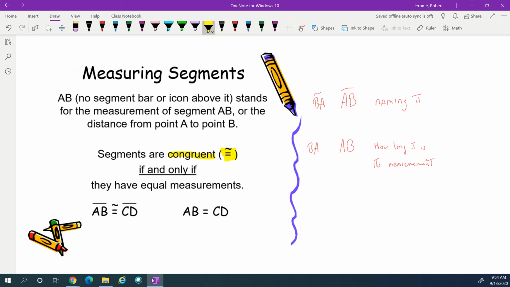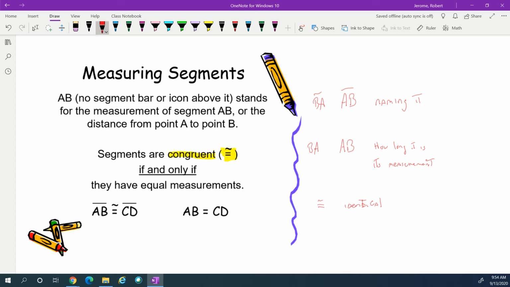Segments are congruent if and only if they have equal measurements. So congruent effectively means identical. Congruent, think about it as identical in every way.